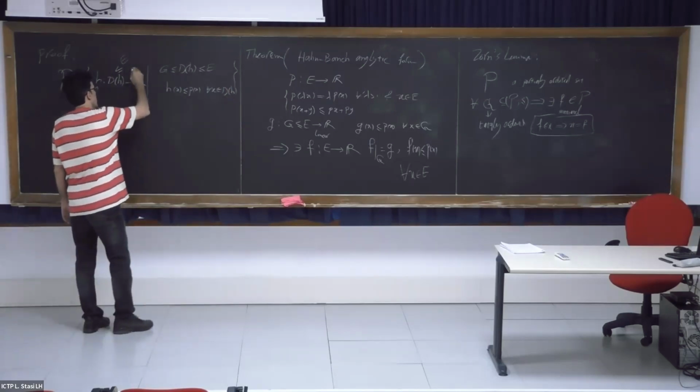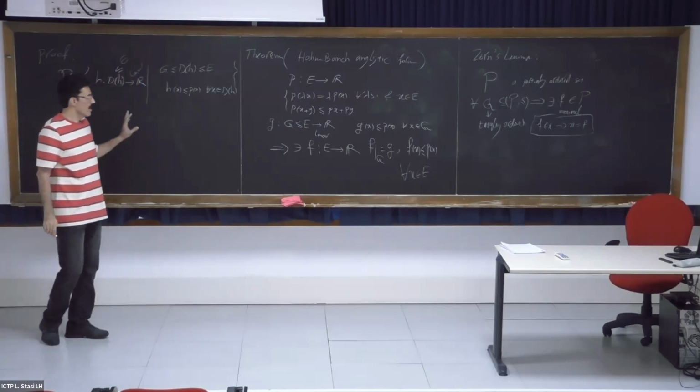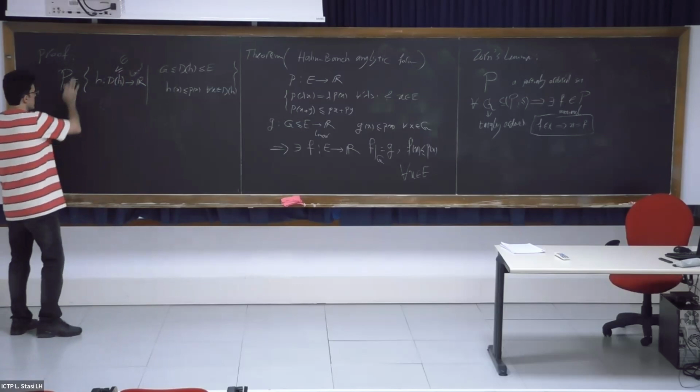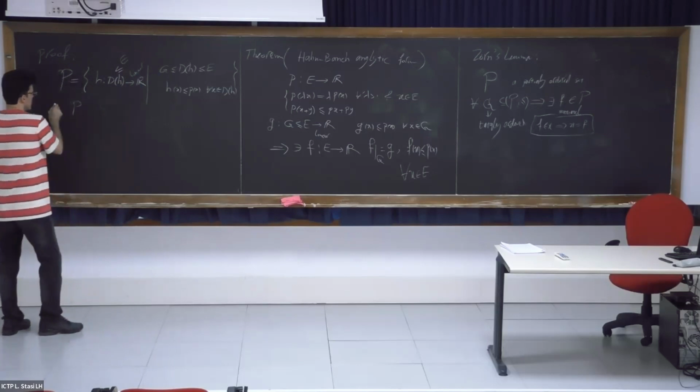Here I mention that these elements are linear. The set P is non-empty. We know that because at least we have the element g. So it is non-empty.